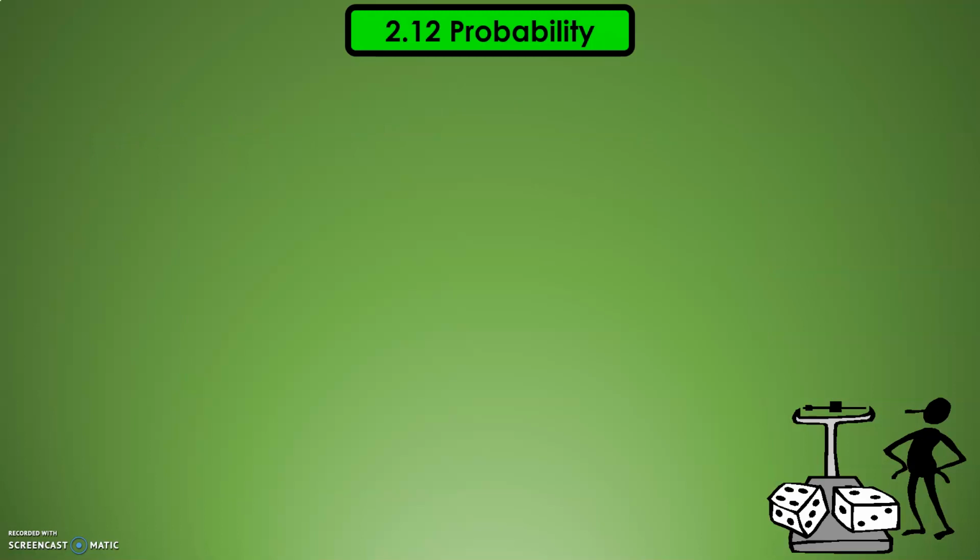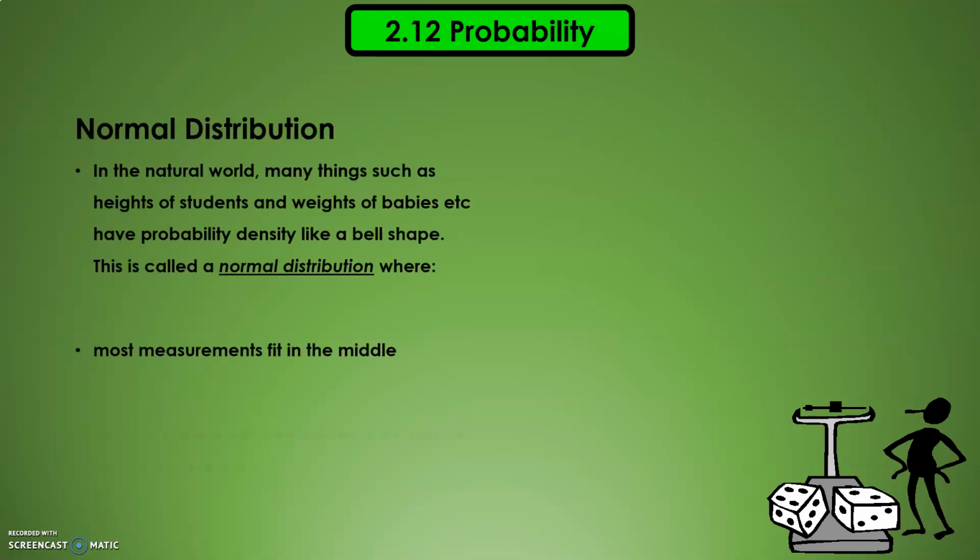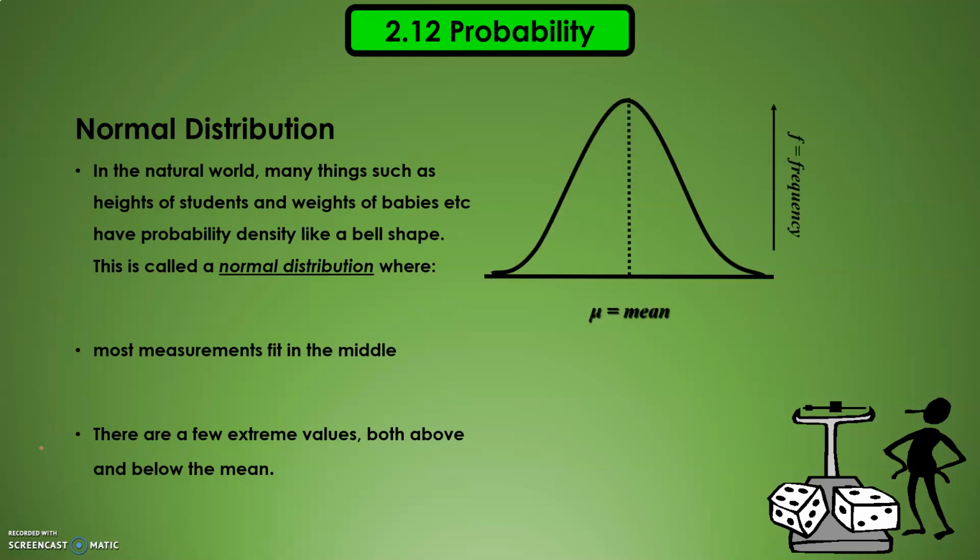So the key features of a normal distribution is that most measurements are in the middle. There are a few extreme values both above and below the mean. So it's this classical bell shape here, where if we put the values across the bottom, which we call x, and remember x can be anything.